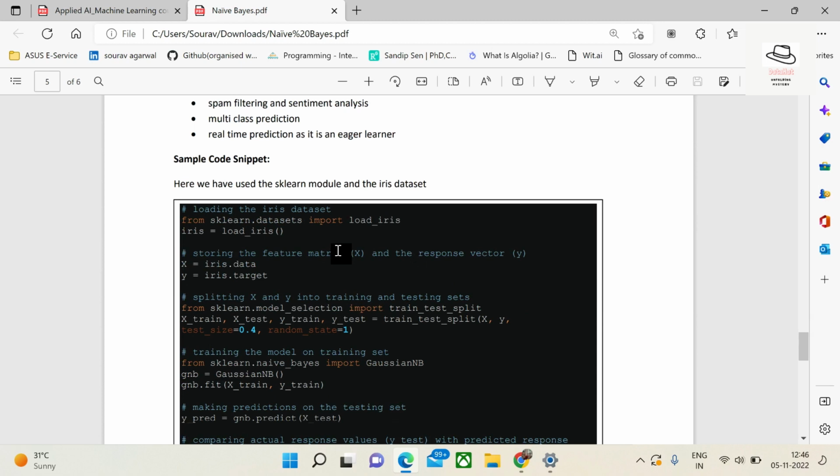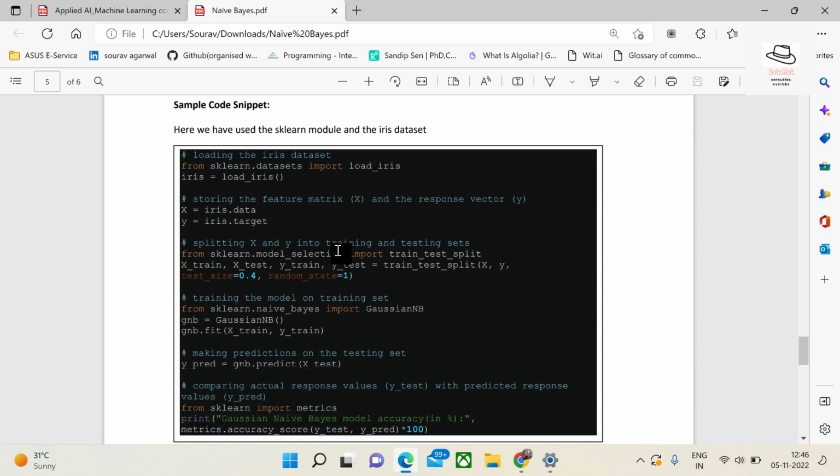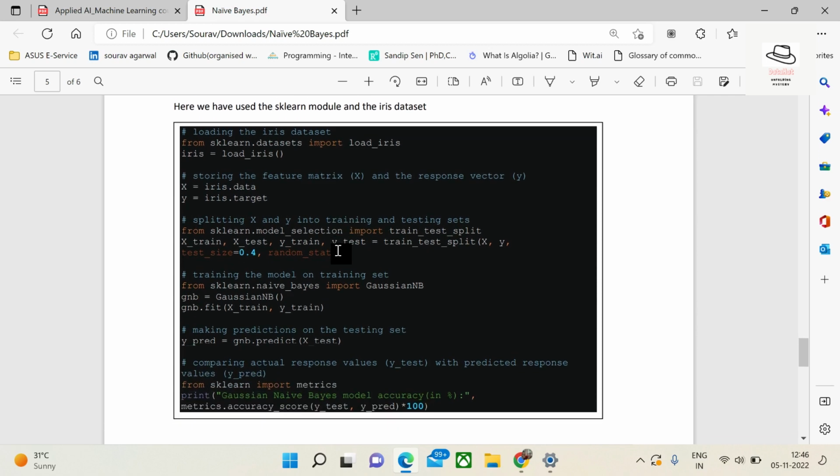We have also provided an implementation using scikit-learn. You can go through this implementation and understand how to apply naive Bayes in Python using the scikit-learn package. The sample dataset being used here is the iris dataset. We have the X, the data features, and Y, the target labels.